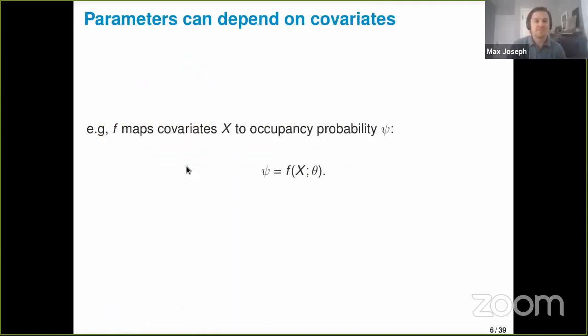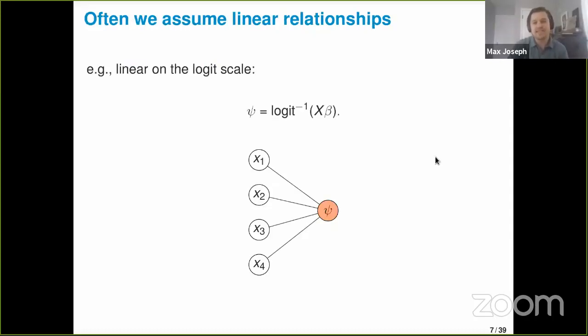In these models, parameters can depend on covariates, right? So we might have some function f that maps altitude, greenness, temperature, and precipitation to the probability of occupancy. And in many cases, we assume linear relationships between these covariates and the parameters we care about.